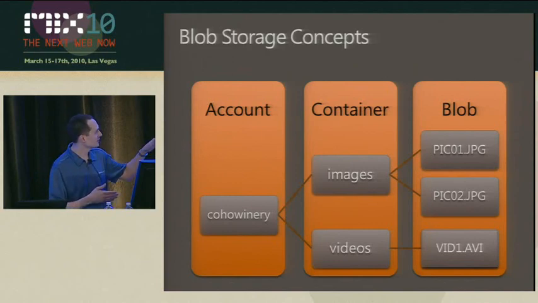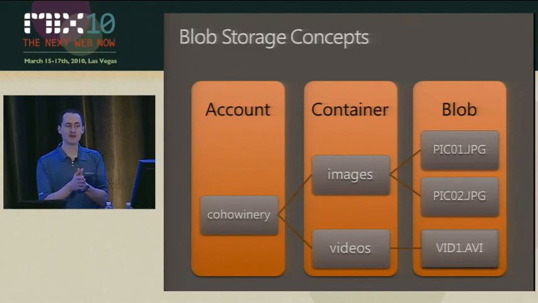So here we have a container of images. We can put those pictures in that images container. Then we could set this container to be private, meaning only I have access to it with my secret key, or public, meaning that anybody can access it if they know the URL, or shared access can be provided via signed URLs. And I'll get a little bit into that in a few slides.